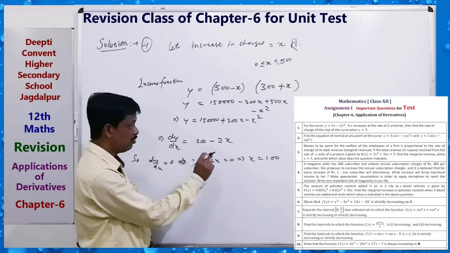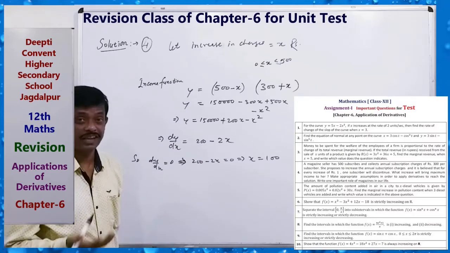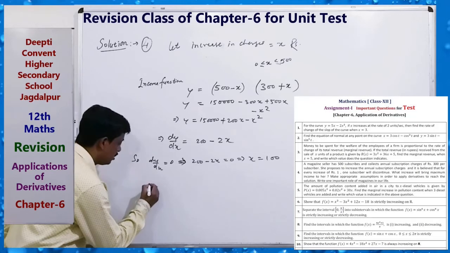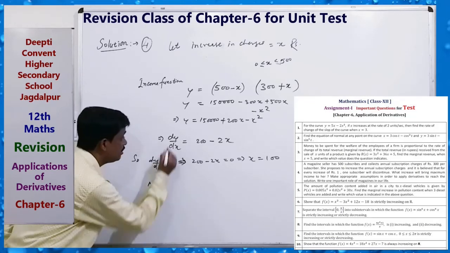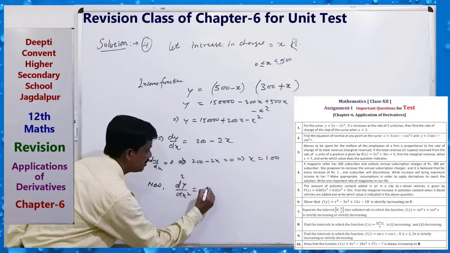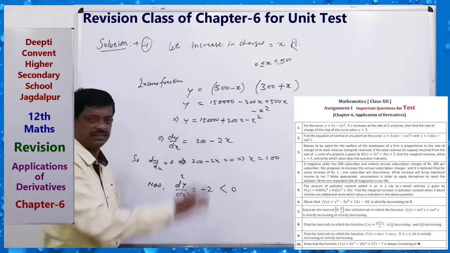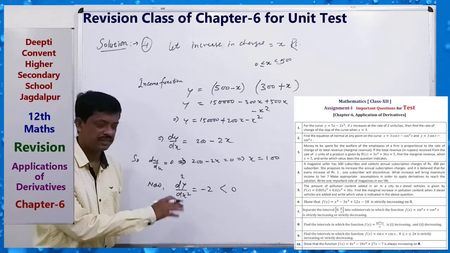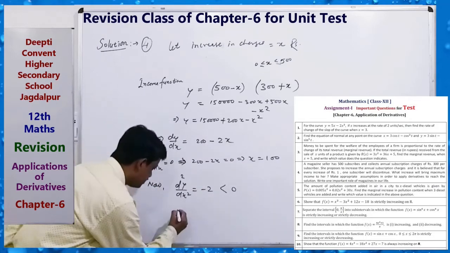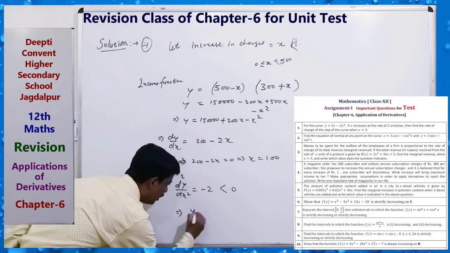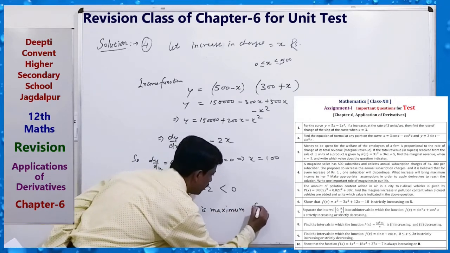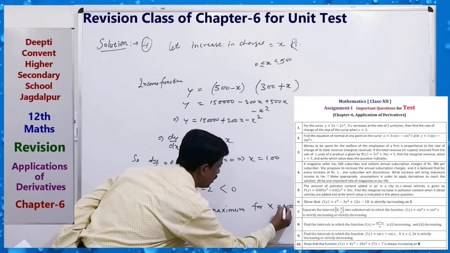Now for this value, if the second derivative is negative, then income will be maximum. So now find the second derivative. d2y upon dx square equals to minus 2. This is negative, x may be anything. So for x equal to 100, this is negative, which implies y is maximum for x equals to 100.